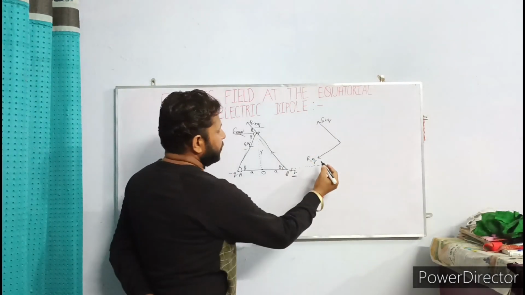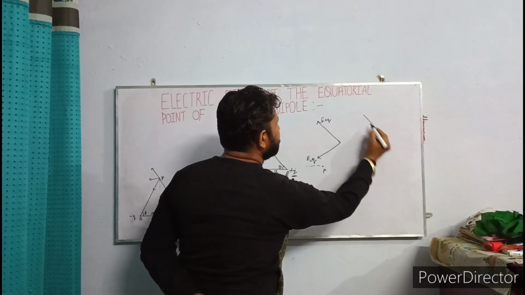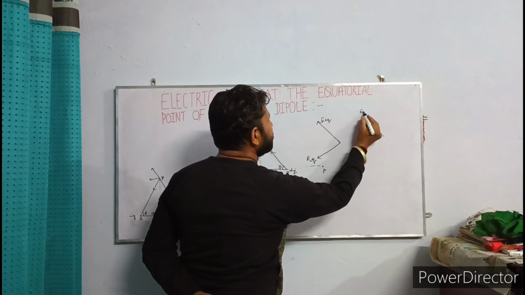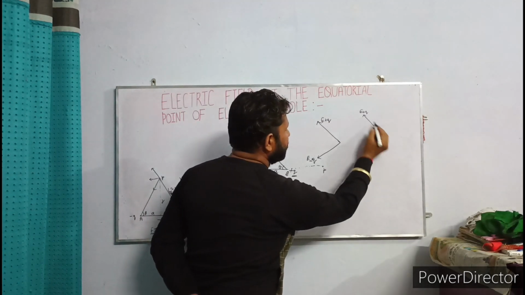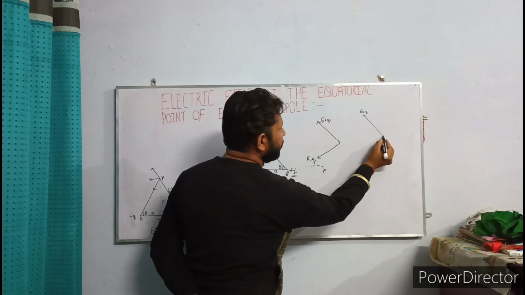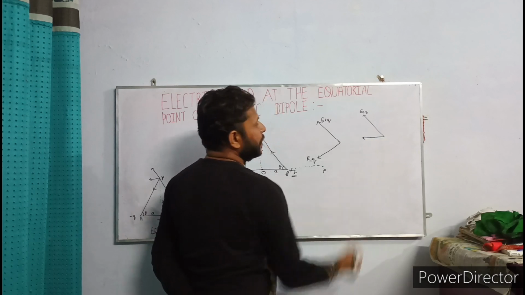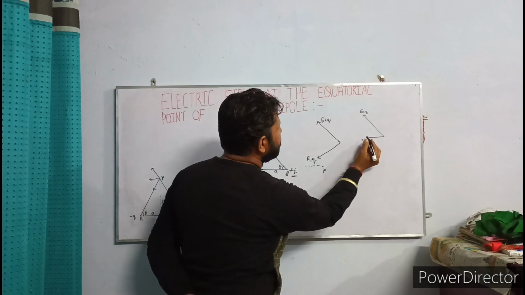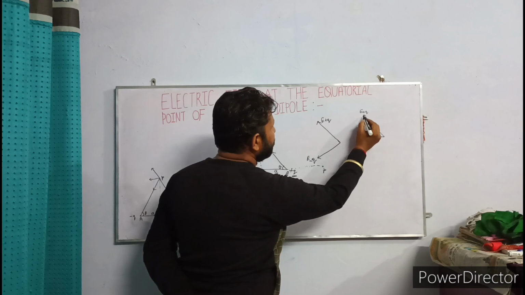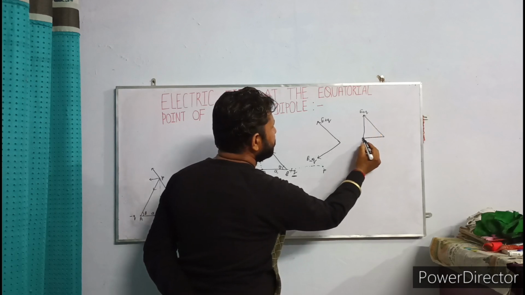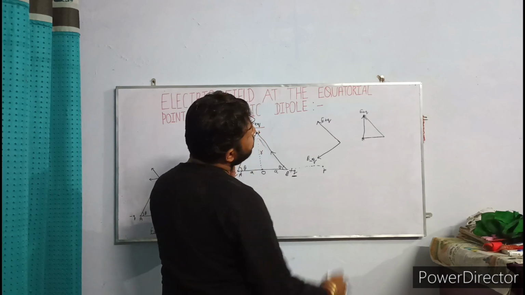Then E plus Q, its base component. If we draw this base component, its base component is this, and its normal component is this.